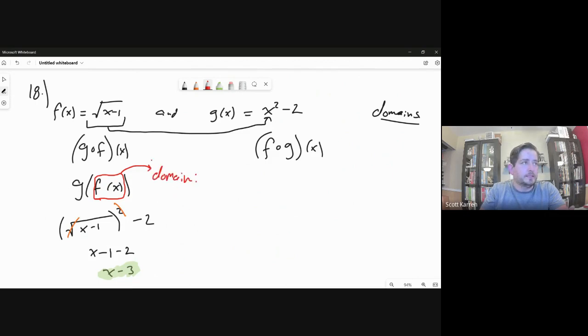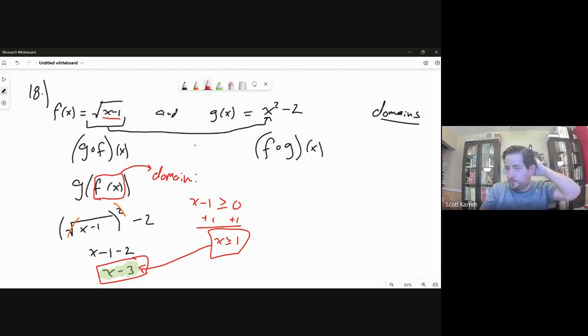And that domain is that the x minus 1 under the square root has to be greater than or equal to 0. And so I just add 1 to both sides. x is greater than or equal to 1. And that is the domain. So this function, g composition f of x, is x minus 3, but it's only valid on that domain. Because I can't put numbers less than 1 into f and get a value that I could then turn around and put into g.